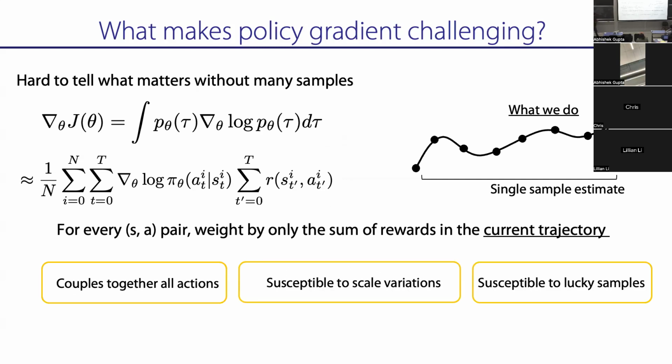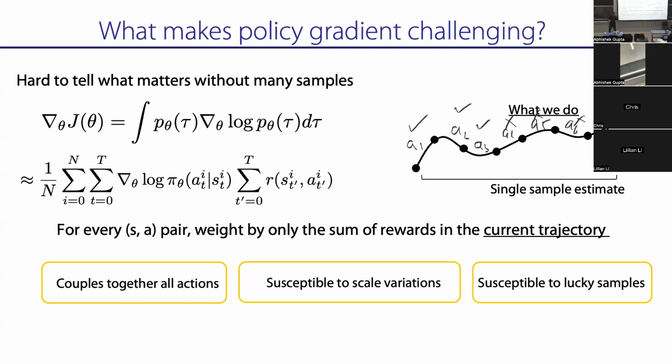All of these things are essentially symptoms of the problem of variance. For instance, you're coupling together all the actions. Let's say you had A1, A2, A3, A4 and these were good, and a couple of the later ones, say A6, were bad. You were good until here, but then you were catastrophically bad in the next set of actions. You've coupled the outcomes of those bad actions with the good actions, and so you're going to downweight A1, A2, and A3 when you didn't really want to.